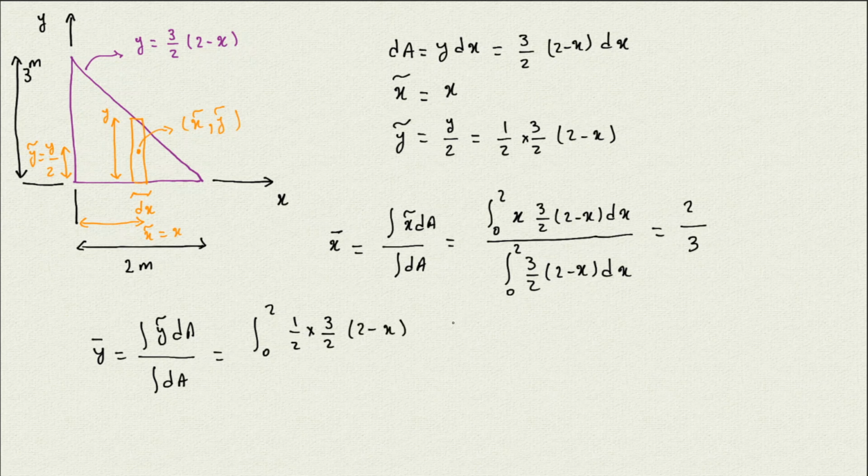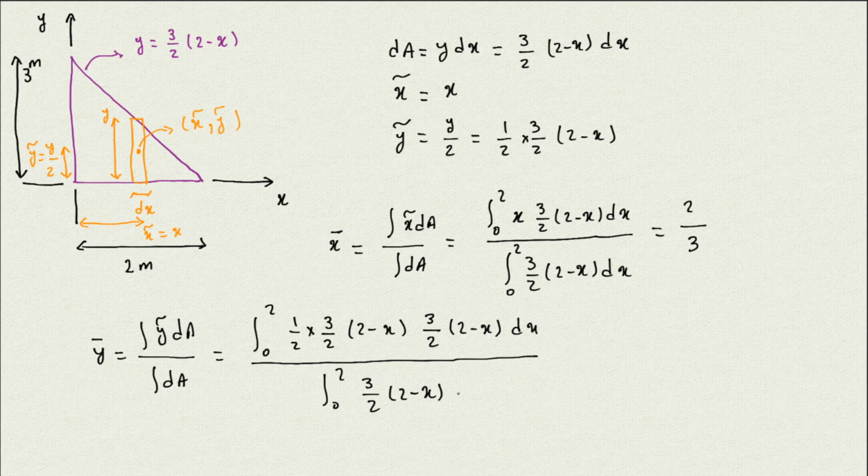And then the dA, which is all going to be 2 minus x dx. And the denominator also goes from 0 to 2, with dA being 2 minus x dx.